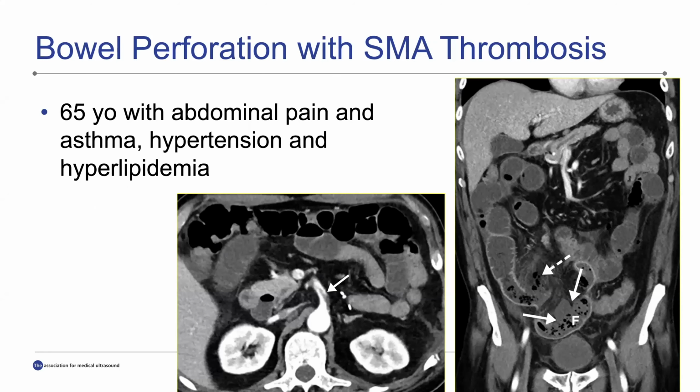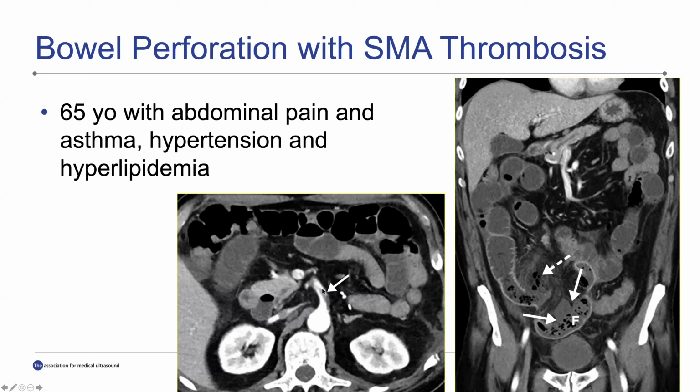Further evaluation in this patient showed that there was thrombosis involving the superior mesenteric artery. Again, this is a contrast CT scan. We can see that there's normal enhancement of the kidneys. This is the abdominal aorta.